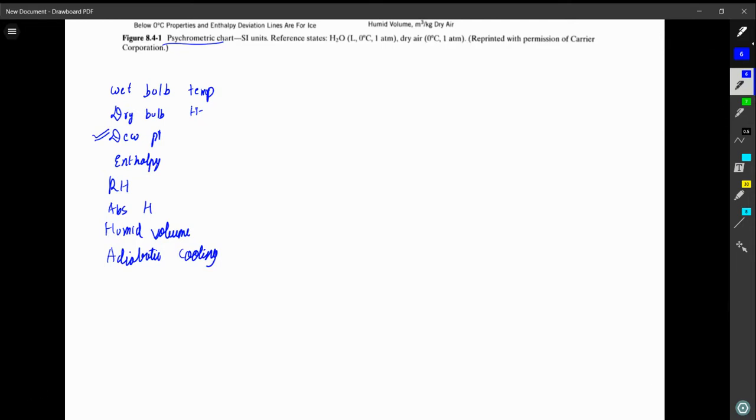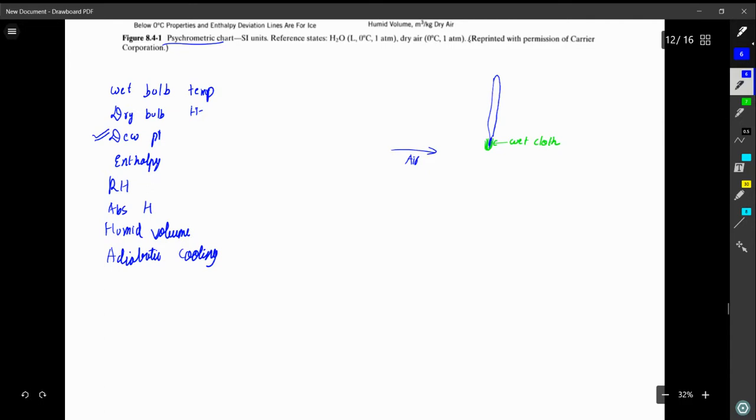Okay, so let's assume that there's a thermometer. A very bad thermometer, but yeah, manage with it. And you are keeping a wet cloth around it, and then some air passes by.